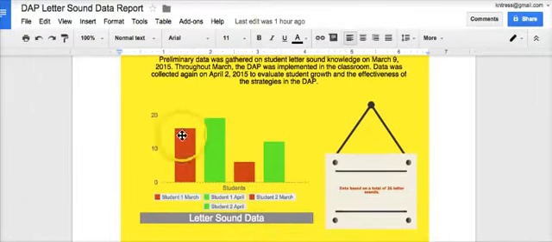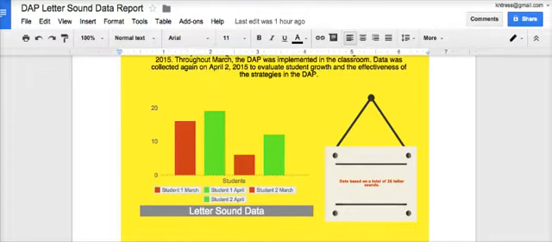As you can see, this is student 1 in March. She came in knowing 16 letter sounds. In April, she increased her letter sound knowledge to 19 letter sounds. Student 2 made a 50% increase. He came in knowing 6 letter sounds, and in April he knew 12 letter sounds. This data was based on a total of 26 letter sounds. As you can see, for the letter sound data, students made significant progress due to our strategies.